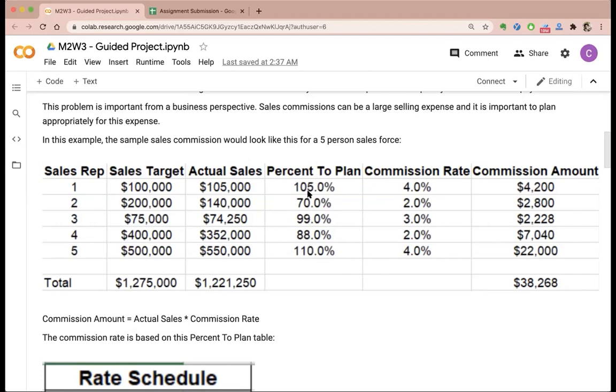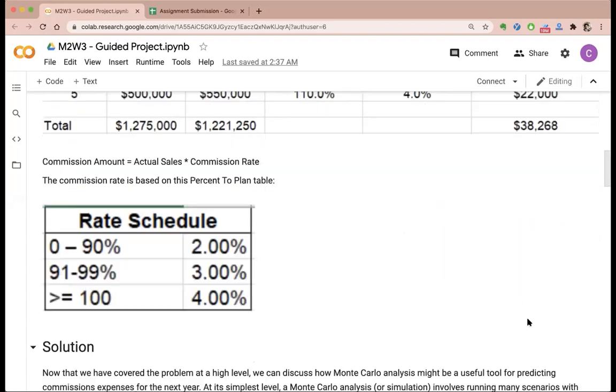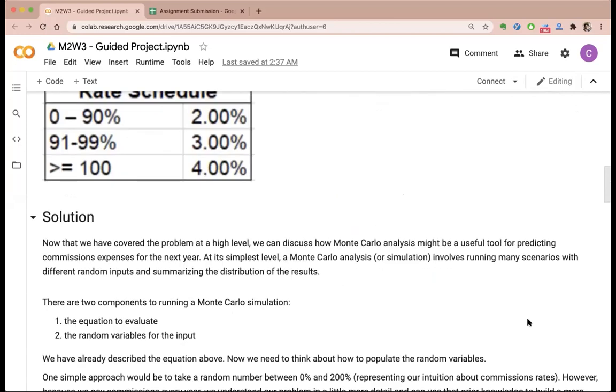Corresponding to these numbers, I get the commission rate. I multiplied this with the actual sales to get the commission amount, and then I will get one number, right? So if I do one iteration or one simulation, taking 500 random values, I'll eventually land up with one number. This is what it is suggesting, that it involves running many scenarios.